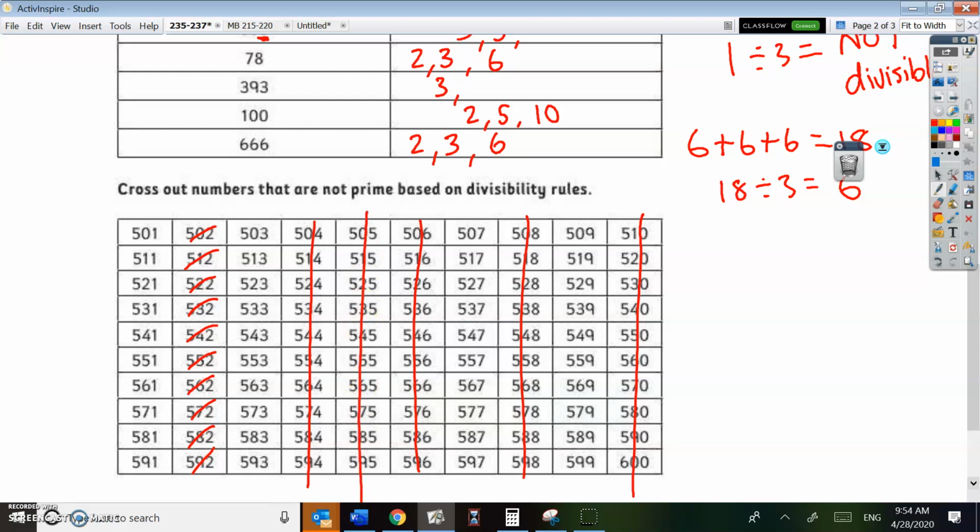And now we get to start working on those 3's. So is 501? 5 plus 0 plus 1 equals 6. 6 is divisible by 3. So 501 is not prime. It's composite because it's divisible by 3. So if we count by 3's from there, then we're good.